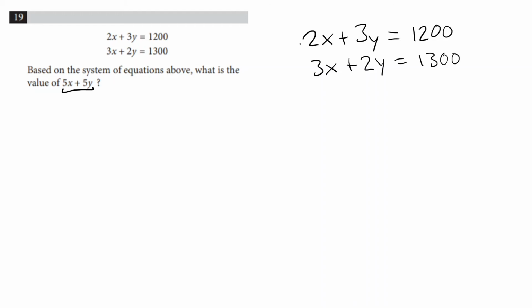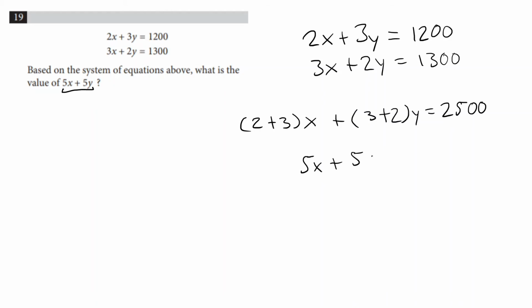If we add these together, we'll have 2 plus 3, x plus 3 plus 2, y is equal to, adding these two together will give us 2,500. We'll finish this off. 5x plus 5y is equal to 2,500. So this would be our answer, 2,500. And we, of course, show all of our work.